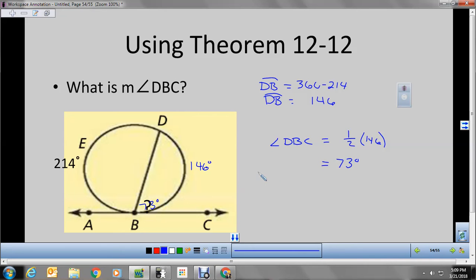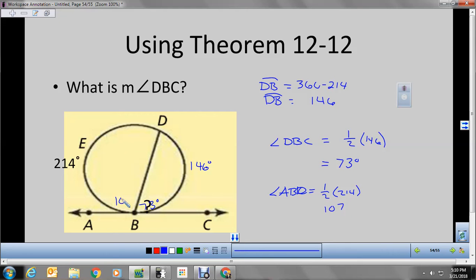Now the other way you could have solved this was just to take half of this one. This angle opens up from DEB. So angle ABD would then be half of 214. That would be 107.